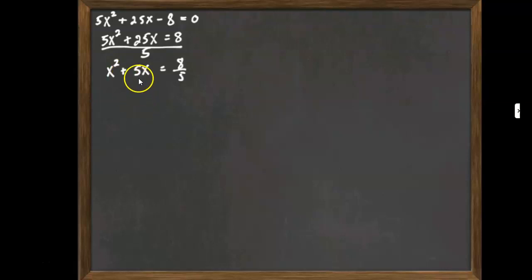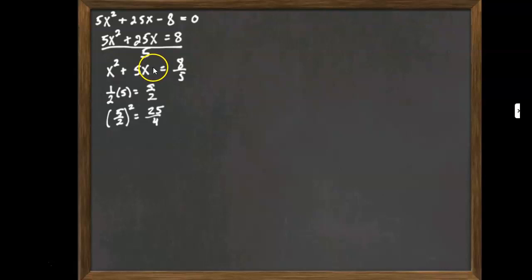So remember what we need to do is take half to figure out how to complete the square. We begin always by taking half of that number, half of the 5 in 5x, and then squaring it. So half of the 5 is 5/2, and then we square it. And that's what we're going to need to add to x squared plus 5x to turn this into a perfect square.